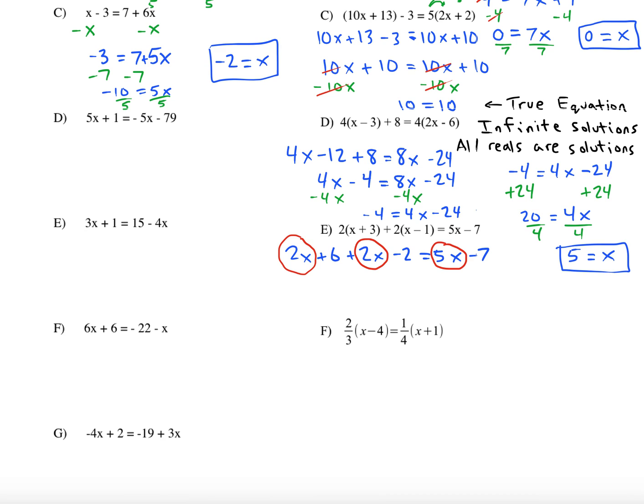These are like terms, so the numbers are going to be like terms as well. 2x and 2x makes 4x. 6 minus 2 makes 4. Okay, subtract my 4x. We're going to get 4 equals x minus 7.